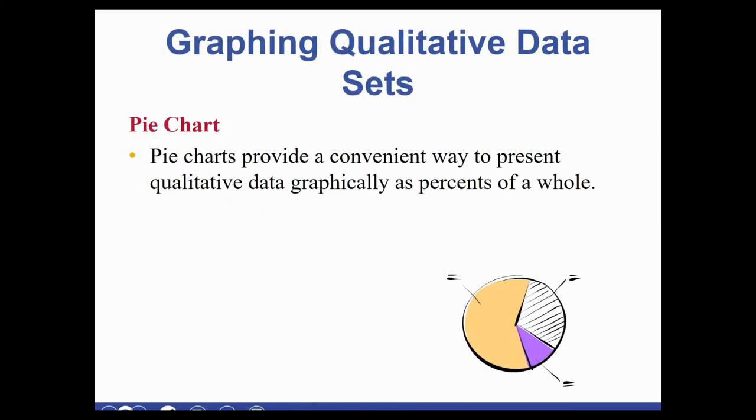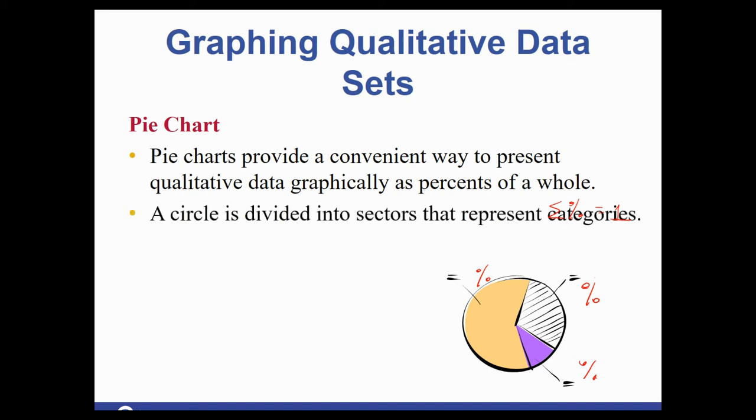So another graph you can make is a pie chart. A pie chart is a convenient way to present qualitative data graphically. These are percents of a whole, each one of these sections. Keep in mind, percents all add up to 1. So all of those numbers should add up to a 1 as a decimal. A circle is divided into sectors that represent categories. Here it mentions qualitative.